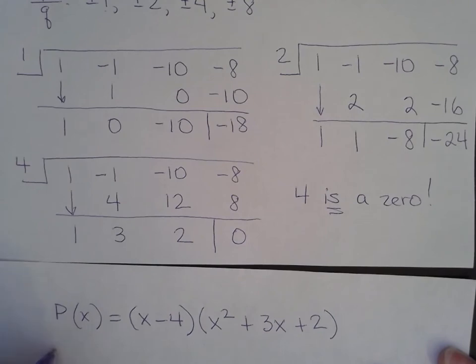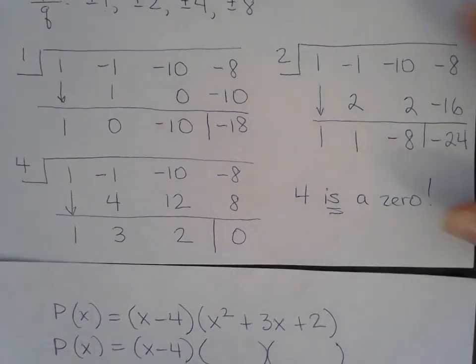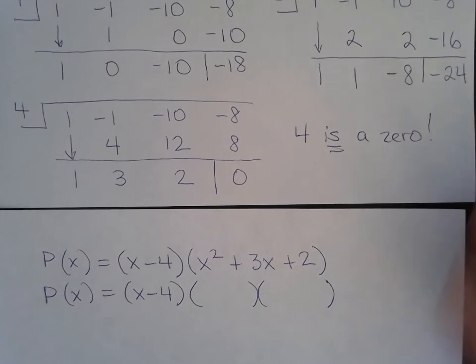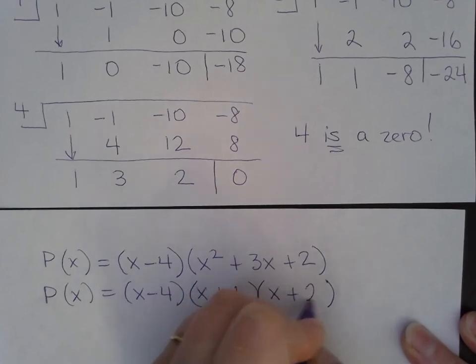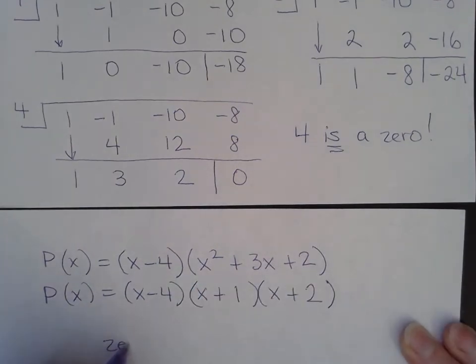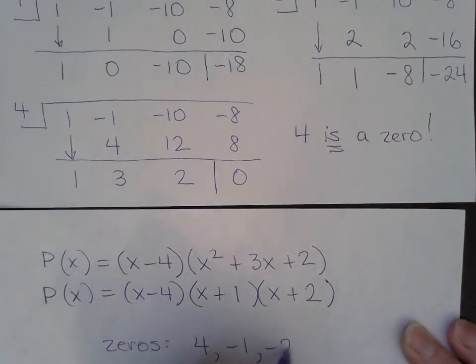That's definitely factorable. And if I were to factor it all the way, we get x plus 1 and x plus 2. So my zeros are 4, negative 1, and negative 2.